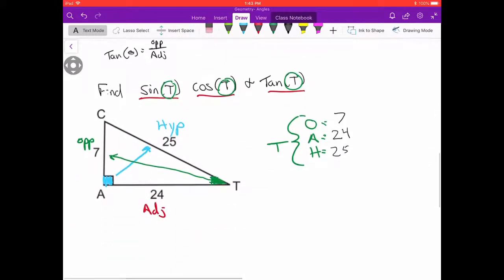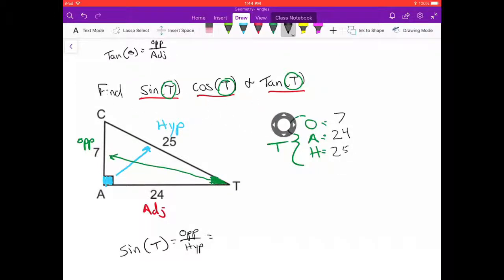Okay, so I know that the sine function of any angle, but we're using angle t, is the opposite side over the hypotenuse. So all I need to do is take my opposite, my hypotenuse, and make a fraction, 7 over 25. So my sine of t equals 7 over 25.